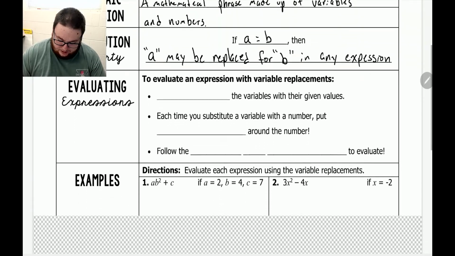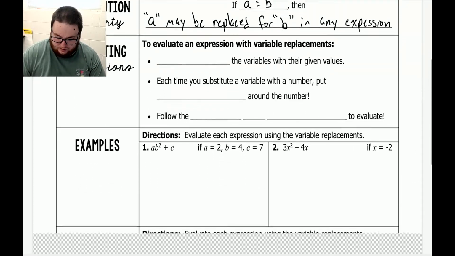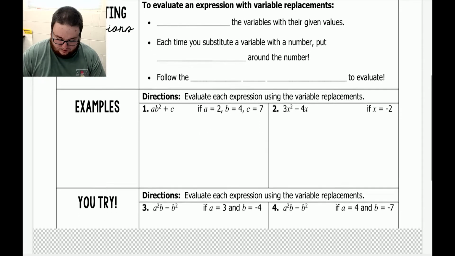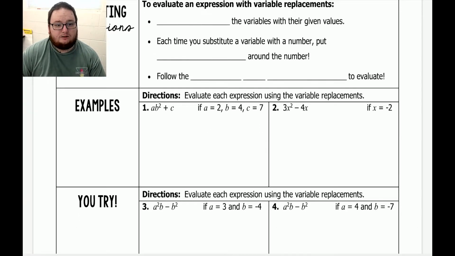So in order to do that, we're going to be evaluating expressions where I tell you a is equal to 5 and b is equal to 6. Now figure out what this expression is going to be, and you'll get a better idea of that once we move on to some of the examples.